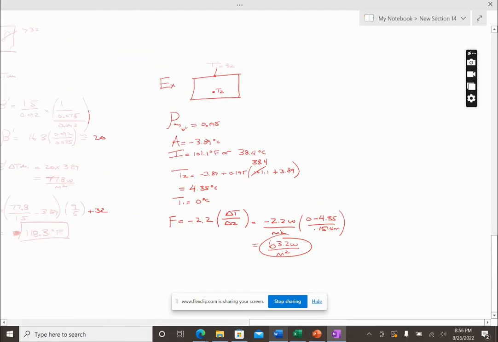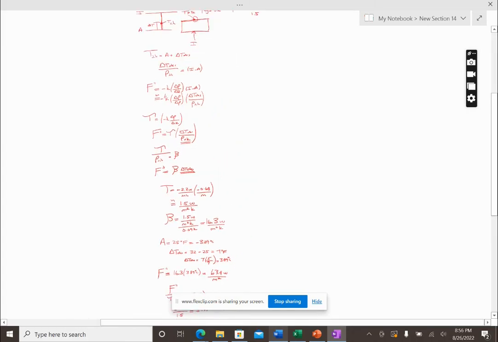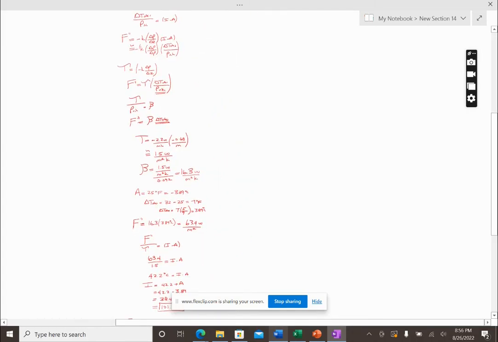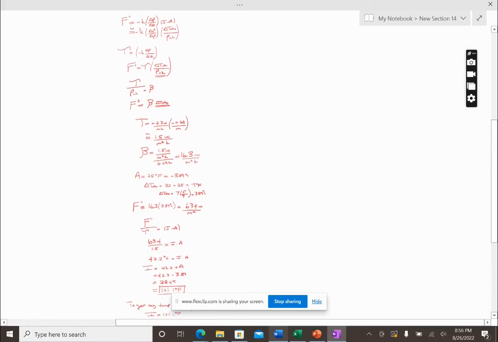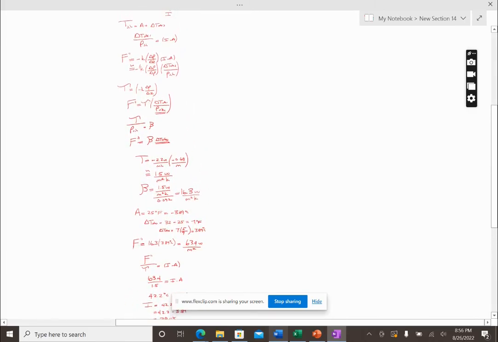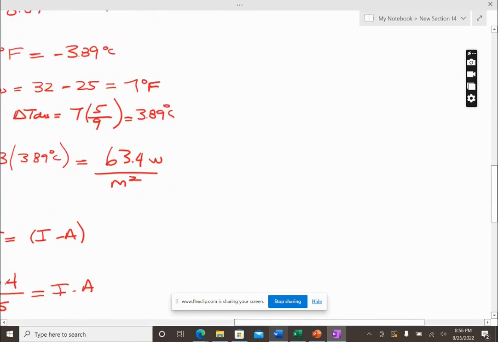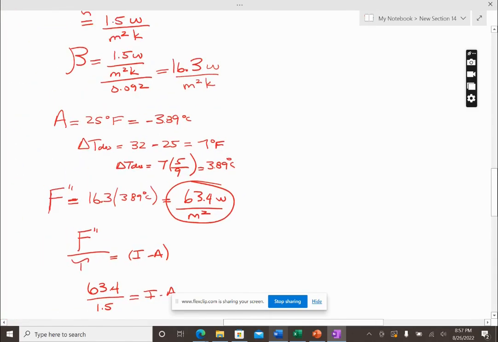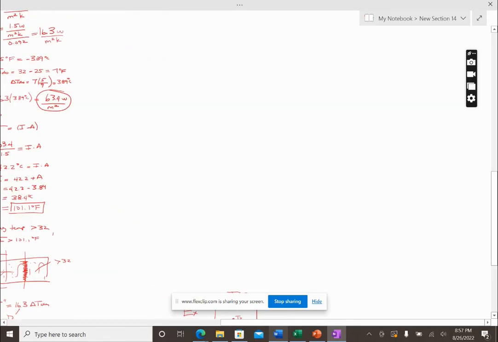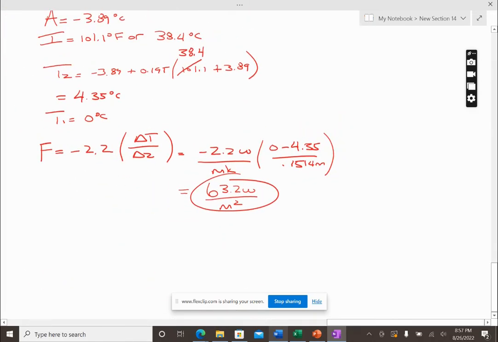Interesting, because that kind of looks similar. Yep, F double prime, we already solved, I mean 63.4. And of course that's using the same parameters. So obviously with the rounding it changes a little bit.